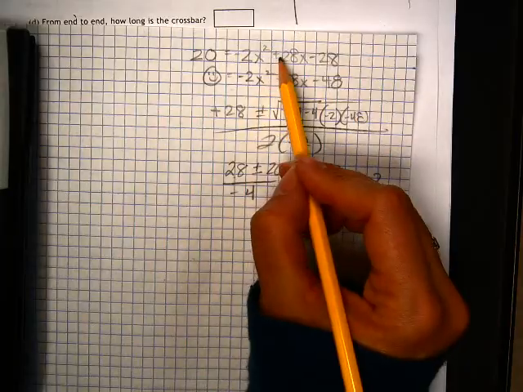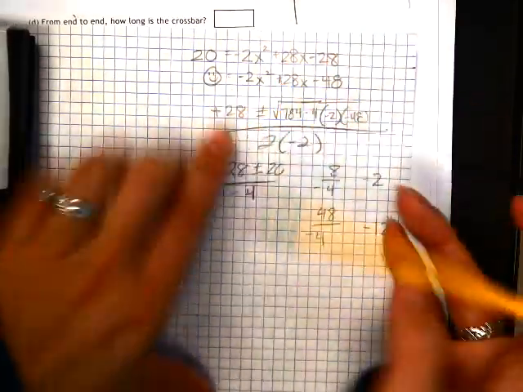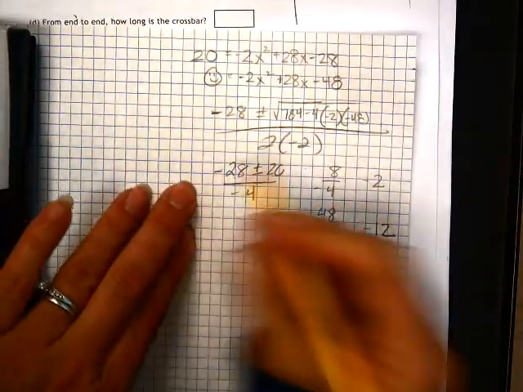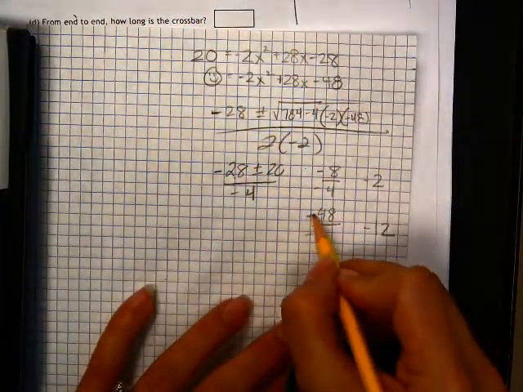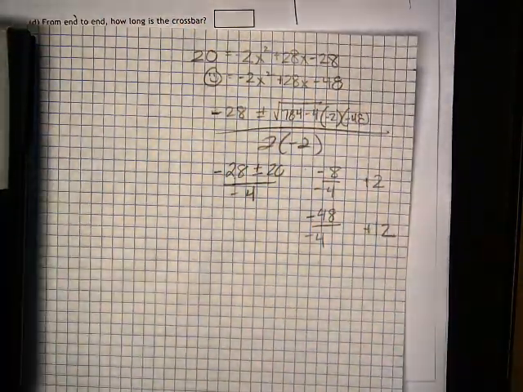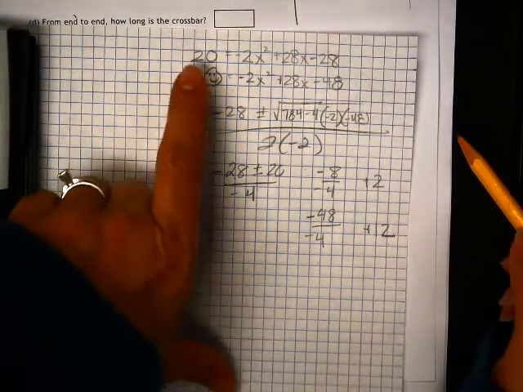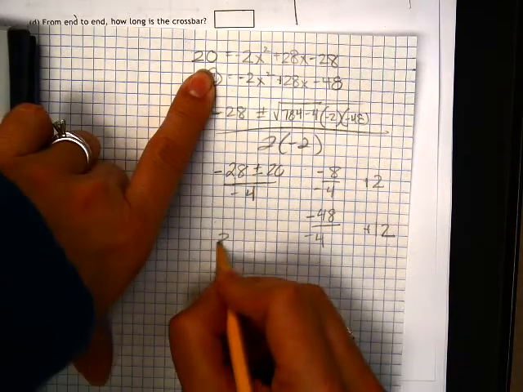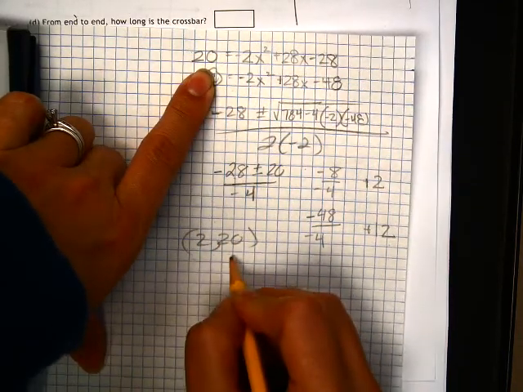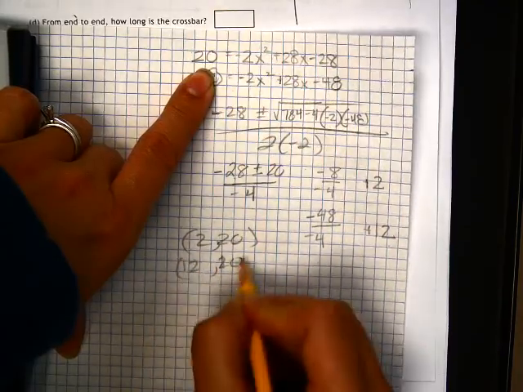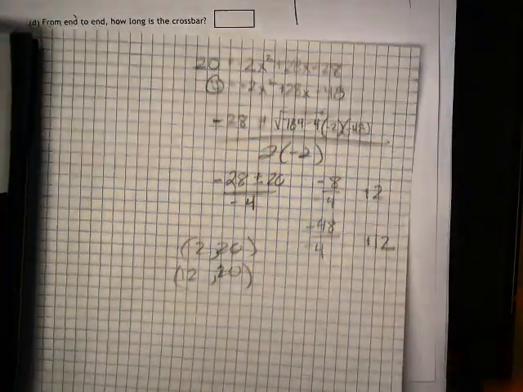Oh my gosh. I just randomly changed that into a negative. That's terrible. Okay. So this would be negative, that would be negative, that would be negative, that would be negative, that would be positive, that would be positive. Okay, so now this makes more sense. So when I plug in 20 for my y, I get 2 as an x, and I also get 12 as an x. So those are my 2 points.